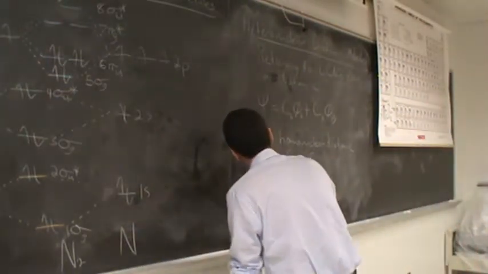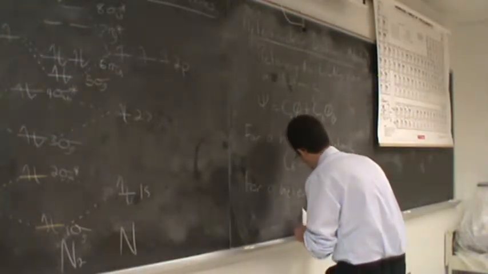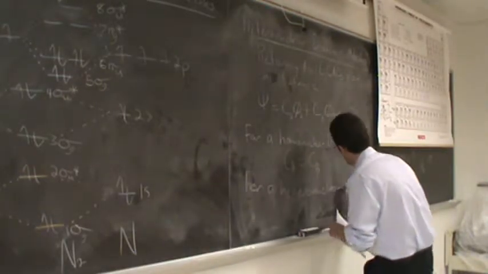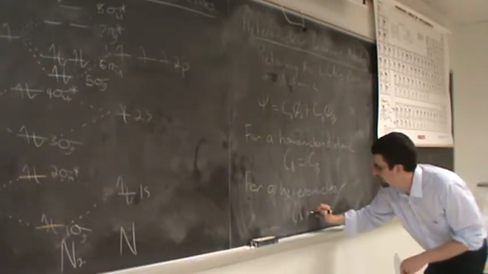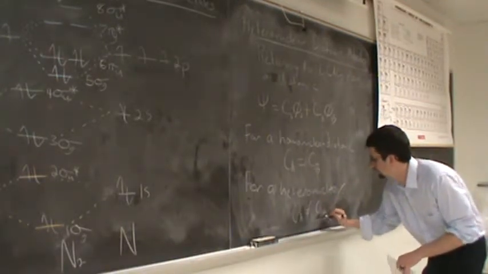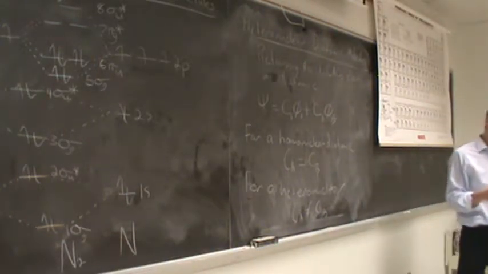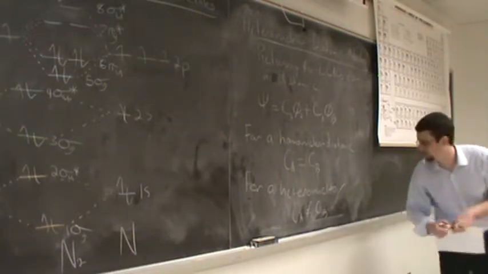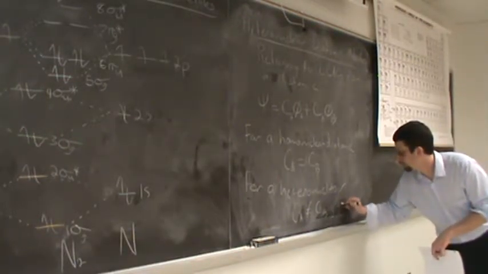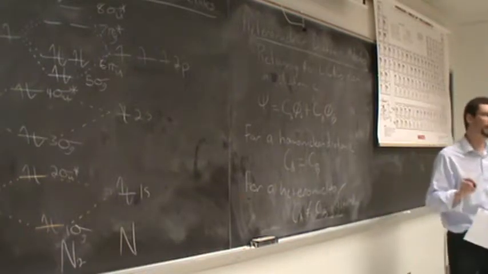For a heteronuclear, that's where Ca does not equal Cb. And that's generally, I should put generally, meaning most of the time.